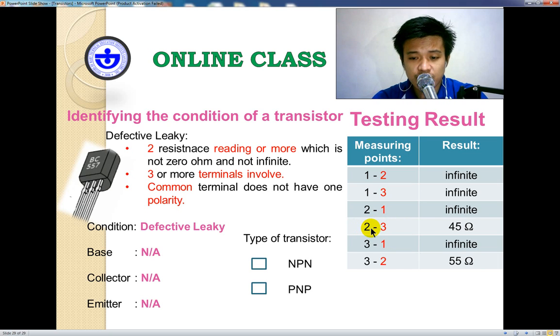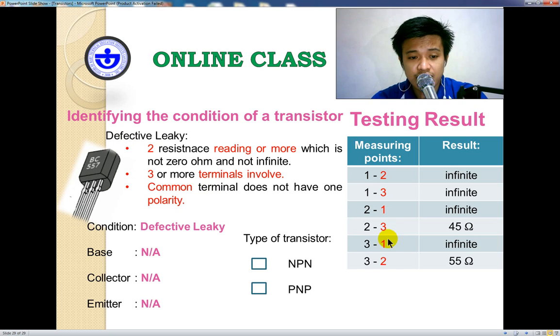We have two. This terminal 2, terminal 3. Below, in this reading, we have terminal 3 and 2. So it means only two terminals are involved, only terminal 2 and 3. So we do not have terminal 1 in here. And that makes this data as defective under leaky.